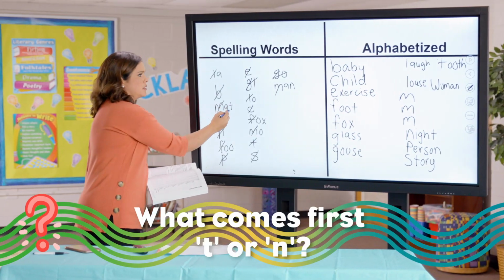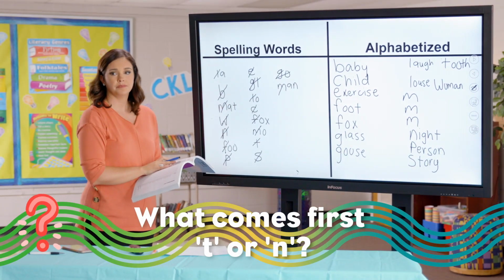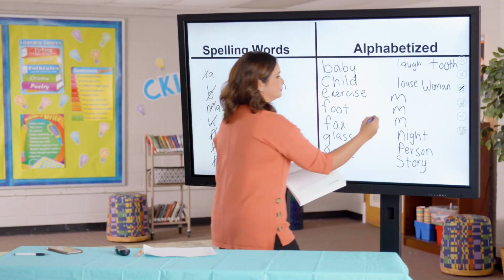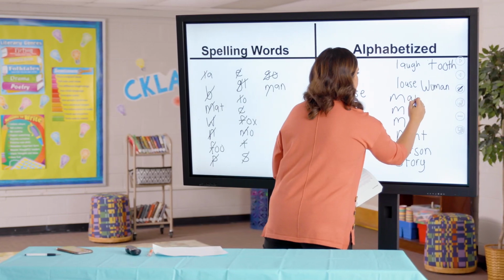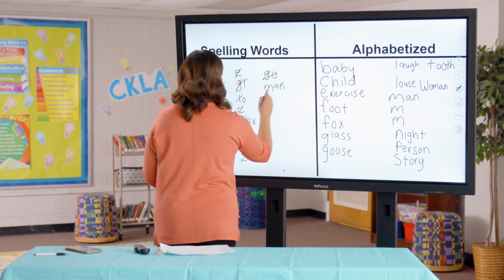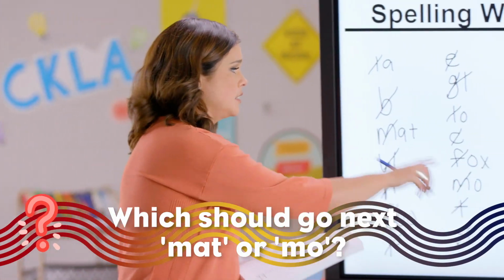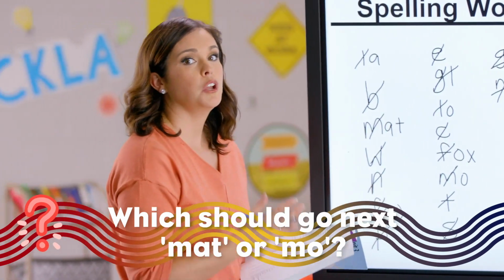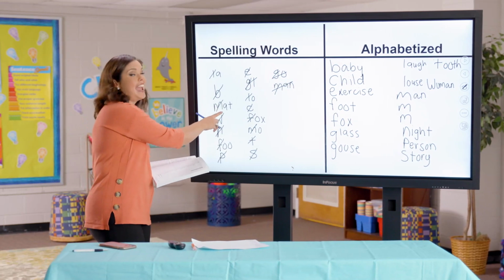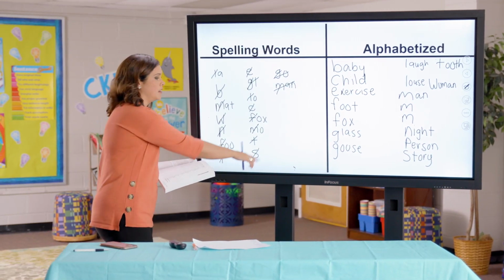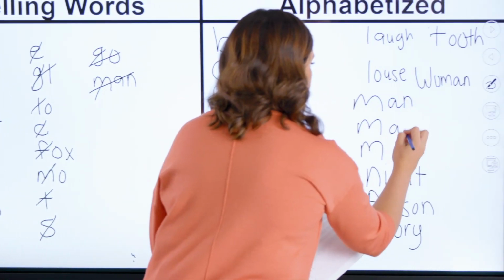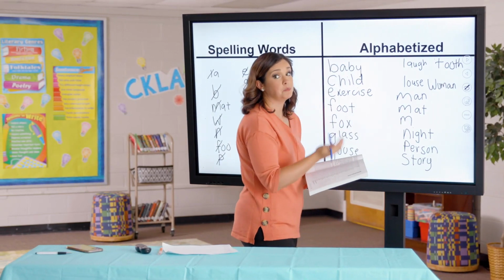What comes first, T or N? N, right. Which word should go next? The one with M-A-T or the word with M-O? Right, M-A-T, because the A comes first in the alphabet before the O. Now I'm going to go ahead and complete this word.